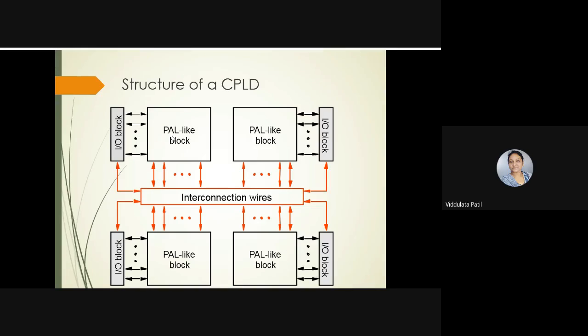This can be directly connected to the PLD block, or it may be connected to the PAL through this interconnection wire. Okay, so here this PAL block we can program at that level, or again we can program at this interconnection level.